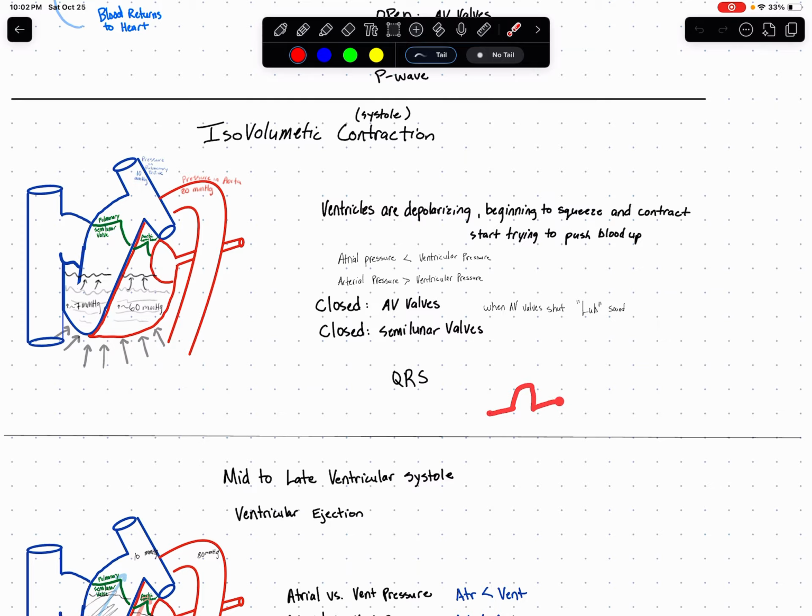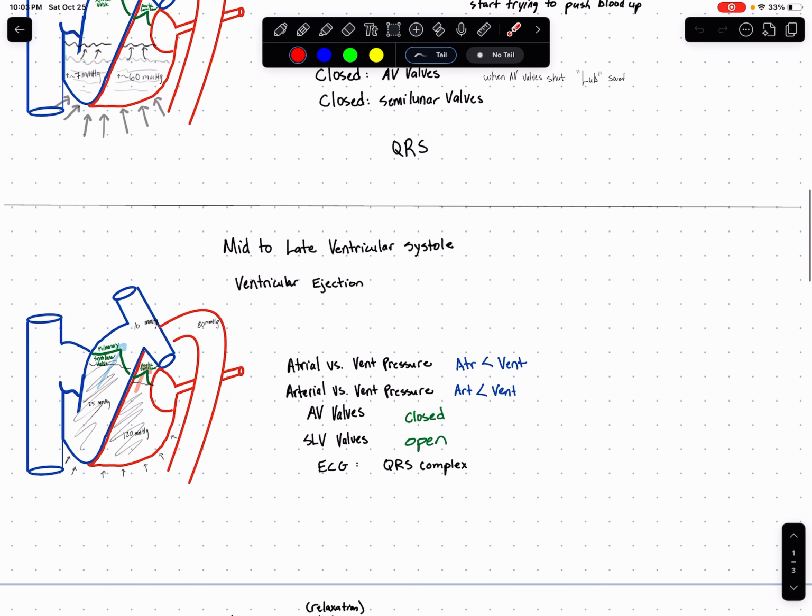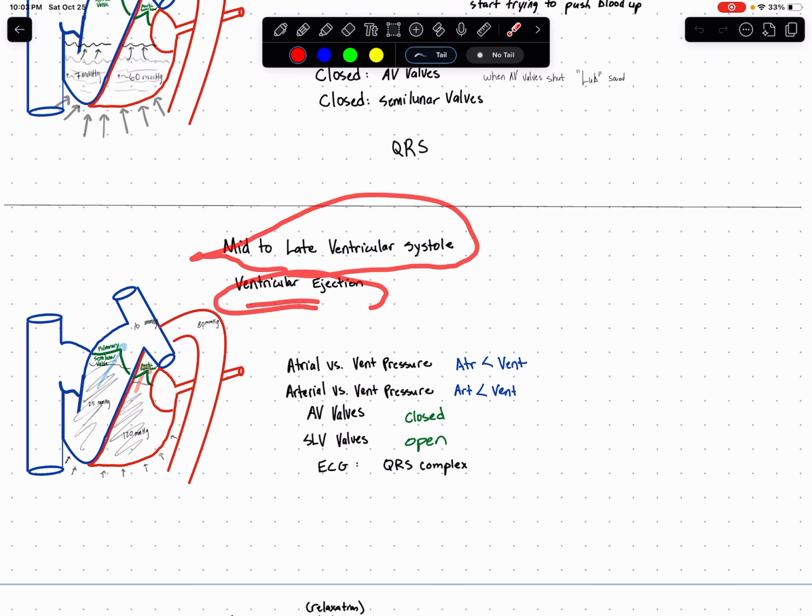And now our ventricular pressure is bigger, and so it's literally opening up these valves, and so blood can come out. I've written down the pressures here, so you can see in relation to each other that the pressure here is so much higher than here that it's just going to shove that blood right up. This is still part of your QRS. This is more the R than anything, I think.